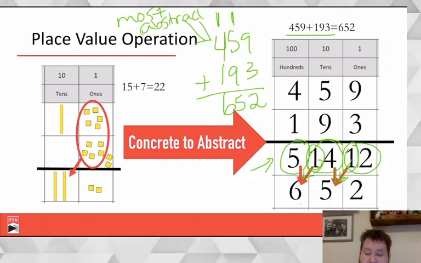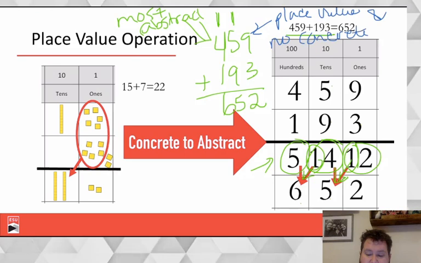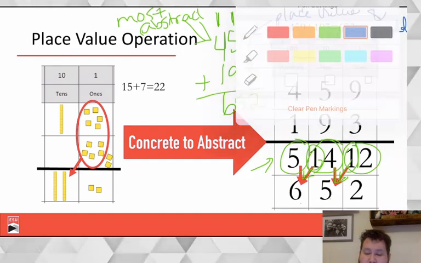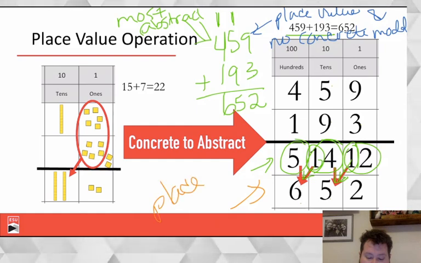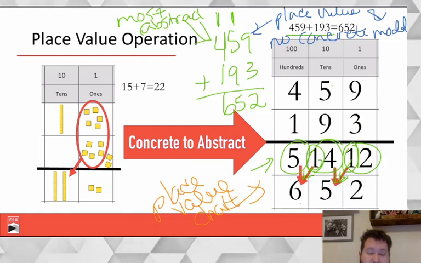Because behind the scenes we have place value and we have no concrete model. Right, whereas even here with our unit frame, our place value chart, what we have is a reinforcement of the fact that these are place values.